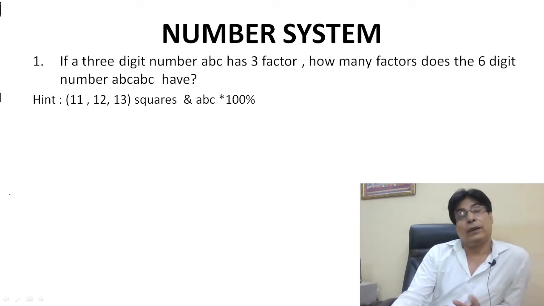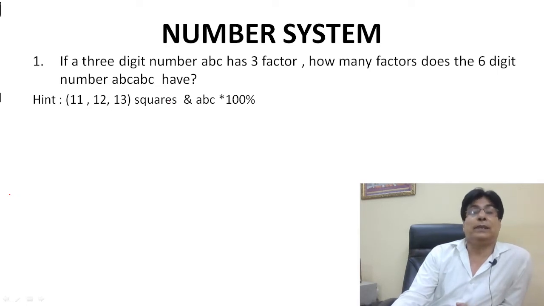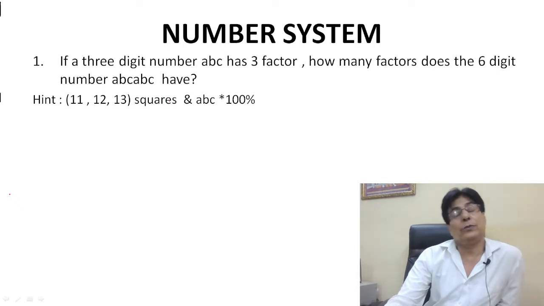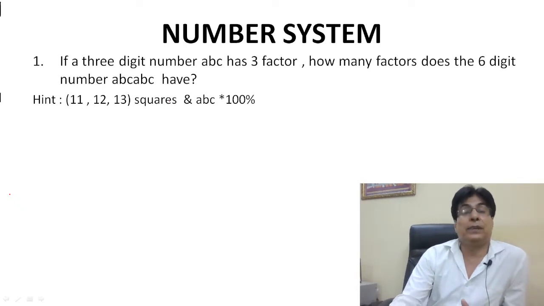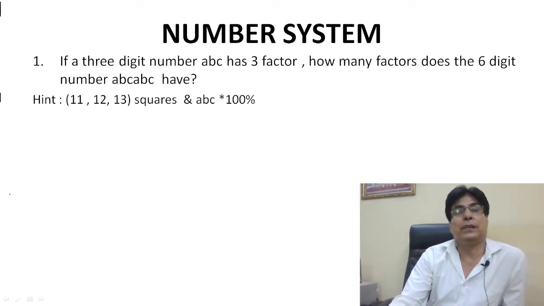But when the question asks about the divisors, then the number must be composite. If you want to find the number of divisors of any composite number, first prime factorize the given number.